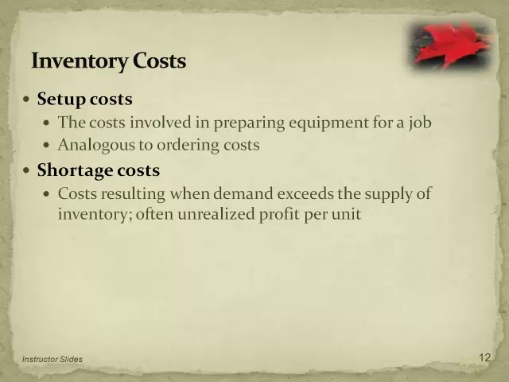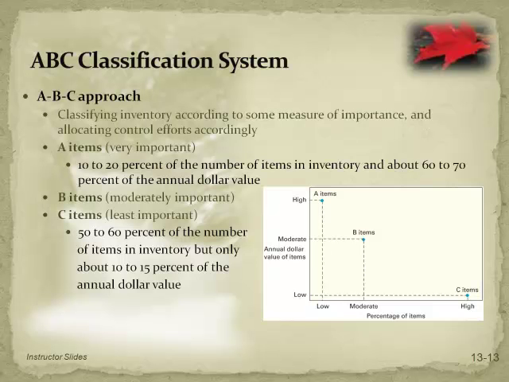It's very difficult to come up with a specific cost associated with that. It's reasonable to expect that it is going to have a cost impact on the company, but quite often it's very difficult to quantify.